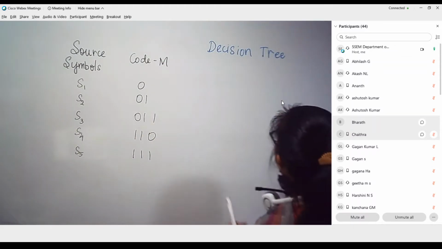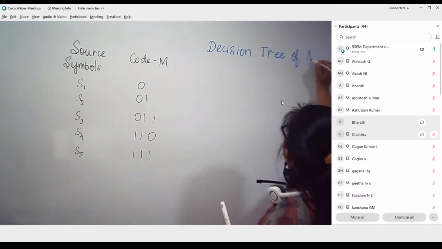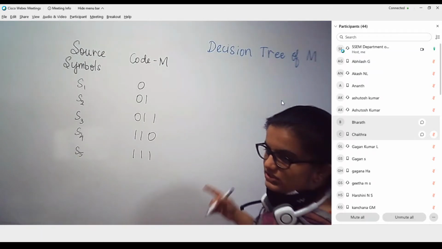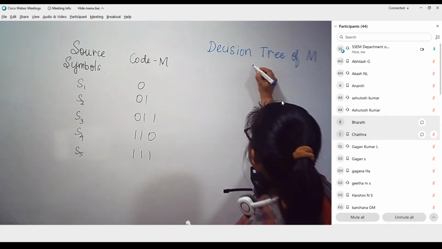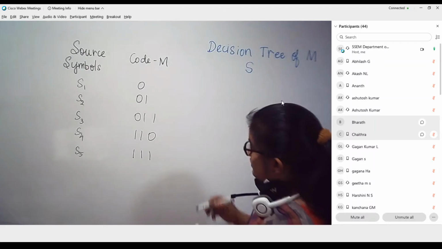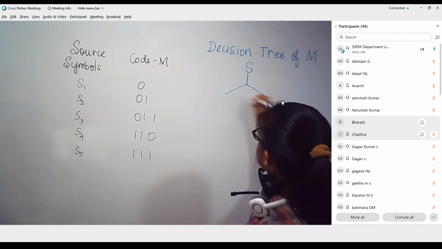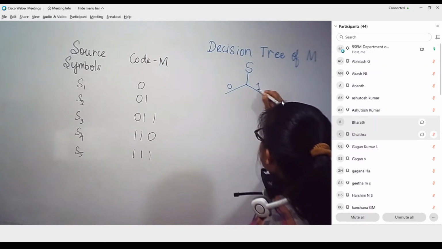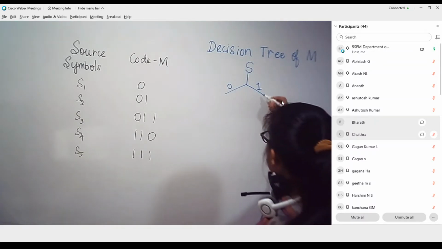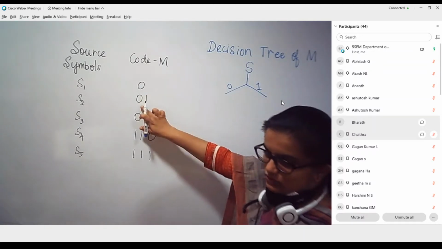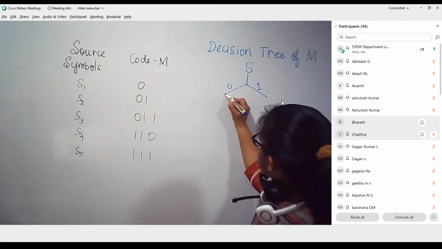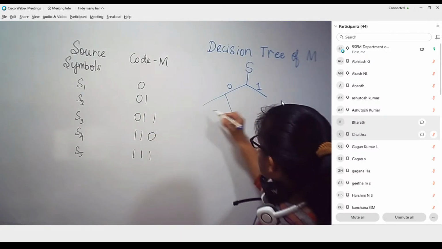Similar to how I wrote in the previous case, I am going to start off with the source called S. From here, there are two possible outputs: one is 0, the other one is 1. From 0, I have 0 and 1, so I split it all over again.